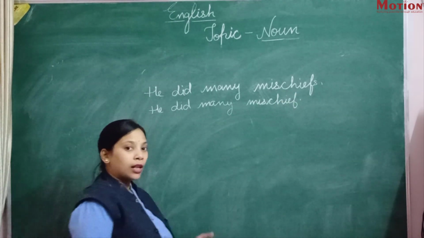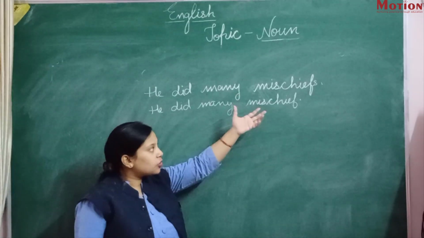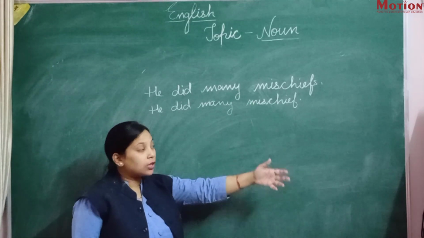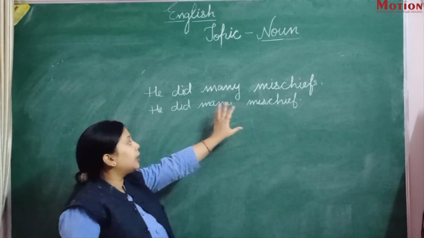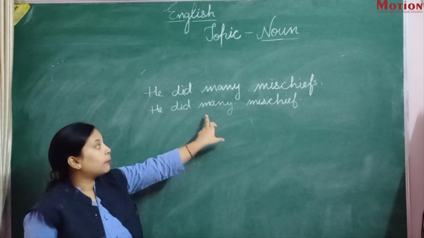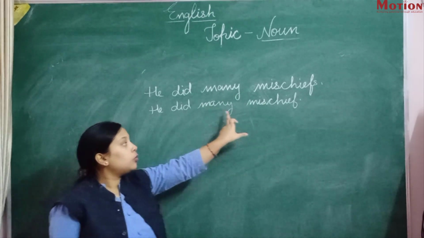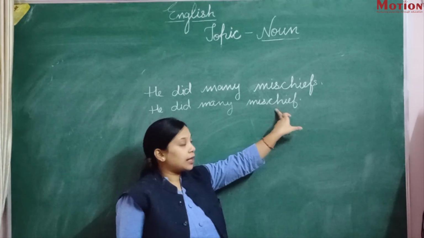Mischief means shararat. It can be one mischief or more than one mischief, but it will not be used as mischiefs. It will be used only as mischief. He did many mischief. We have written many here, so this will not take the plural form.